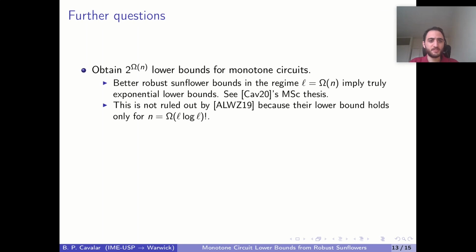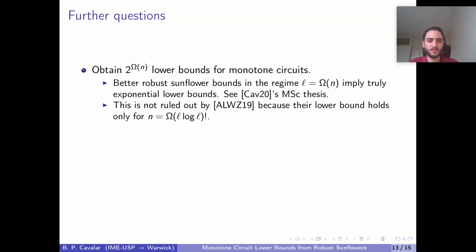So, further questions? It will be very interesting to finally obtain truly exponential lower bounds for monotone circuits. Indeed, better robust sunflower bounds in the regime when L is omega of n imply truly exponential lower bounds.